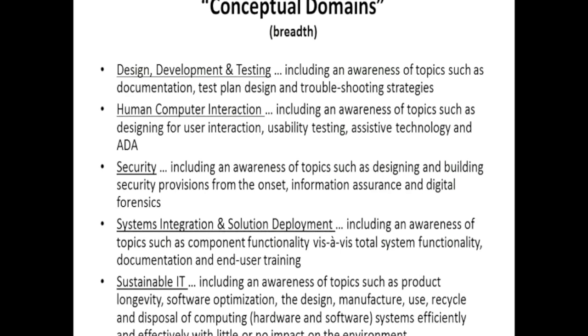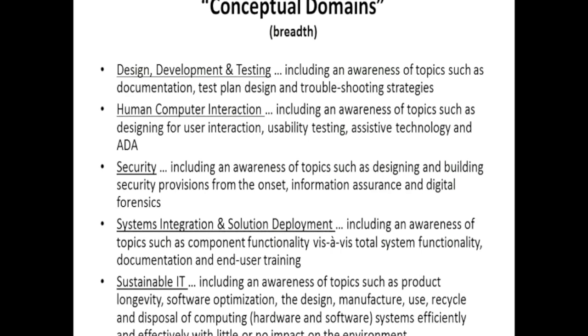Because many, many people, when they talk about security, will immediately start using phrases like, well, security applies to every aspect of IT, which is, of course, true. So we would posit that there are other things that apply potentially to every area. And those we identify as conceptual domains.